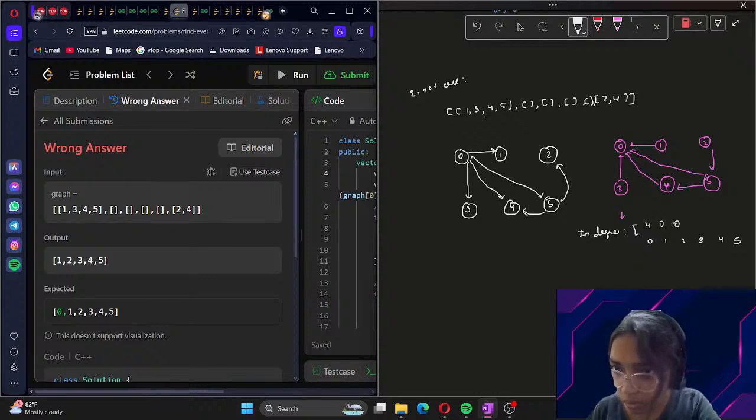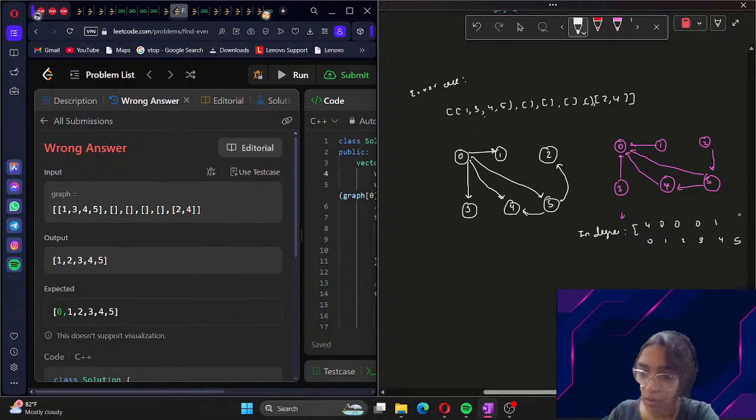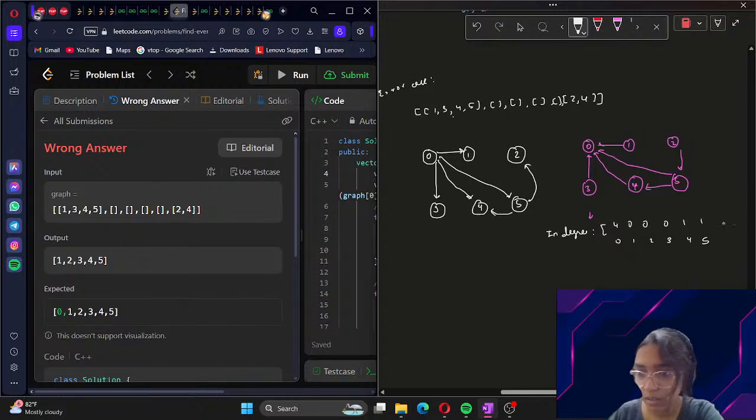For 2 the in-degree is 0. For 3 the in-degree is 0. For 4 the in-degree is 1. For 5 the in-degree is 1.